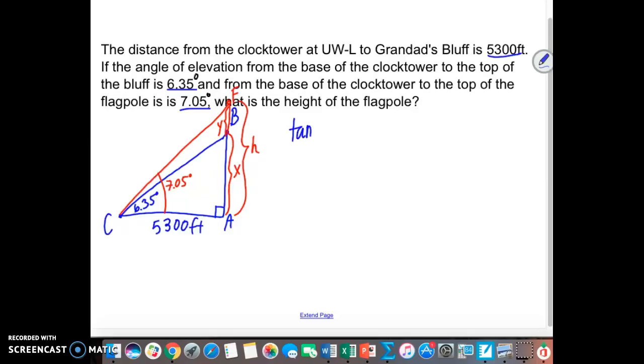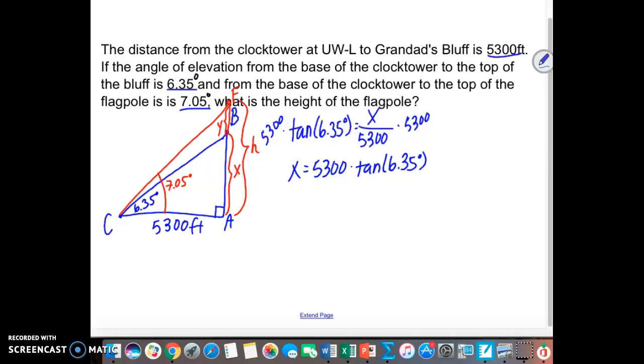So we will say tangent of 6.35 degrees is equal to x, because x is our opposite side length, over adjacent, which is 5,300. Multiplying by 5,300 on both sides, we're left with x equals 5,300 times tangent of 6.35 degrees.